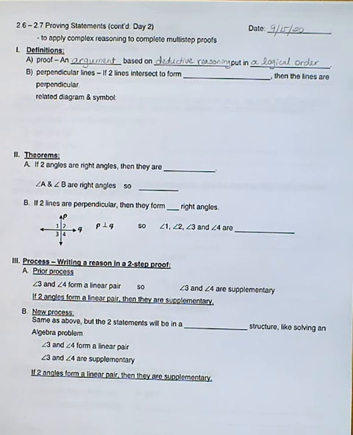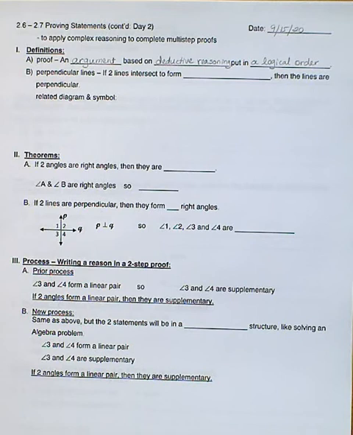So you actually have a lot of things in your arsenal already for things that you can justify with. I'm saying the word things a lot. Sorry about that. Okay. So we know we have to know definitions, postulates, theorems, properties, because every one of those will support what you're saying.